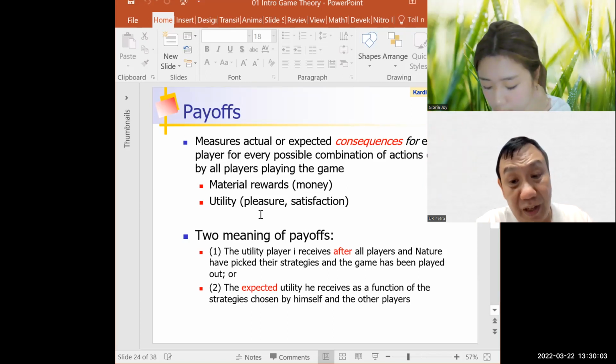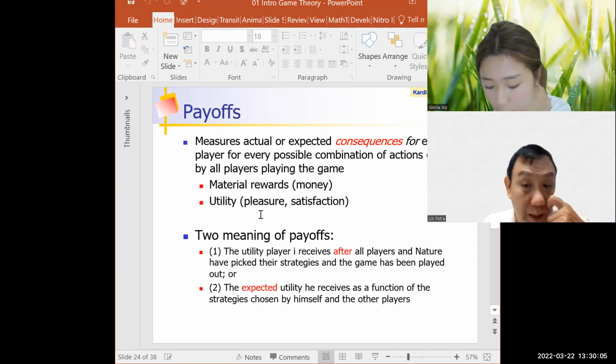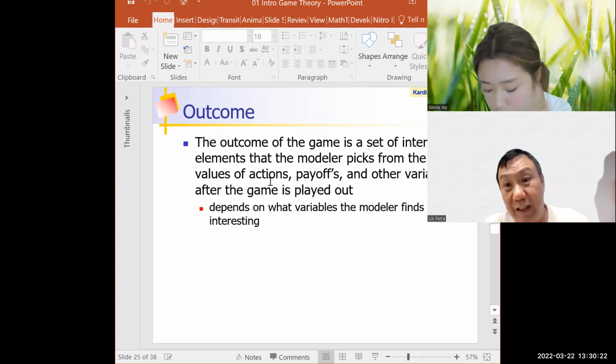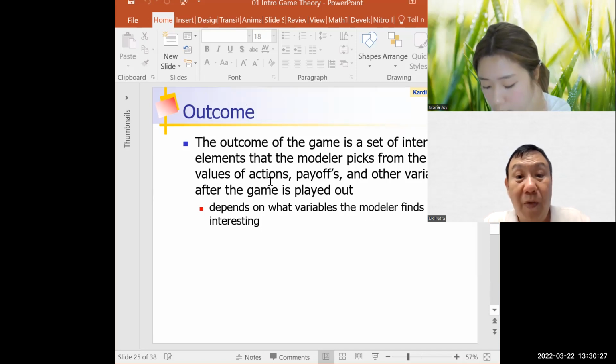It's the average utility that the player will receive based on the function of the strategy of himself and the other players. Payoff is also called outcomes. The outcome of the game is just the set of interesting elements that the modeler picks from the values of action, payoff, and so on. So the outcome really depends on you who model this.